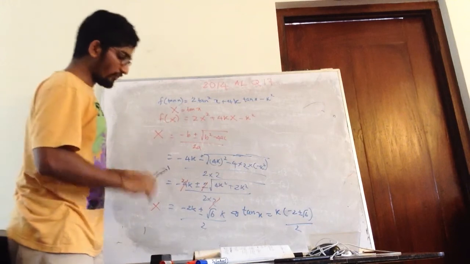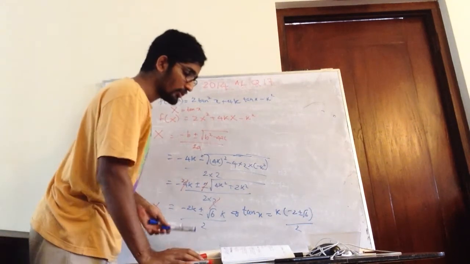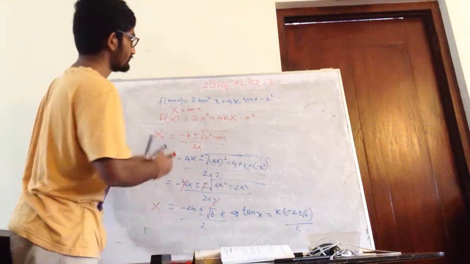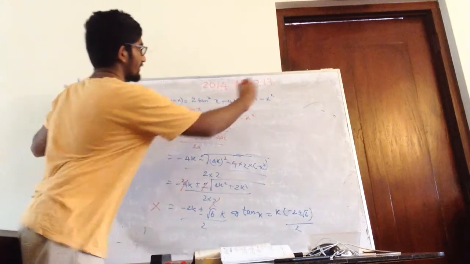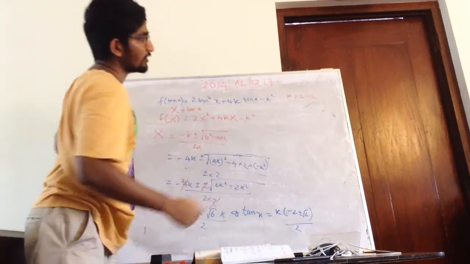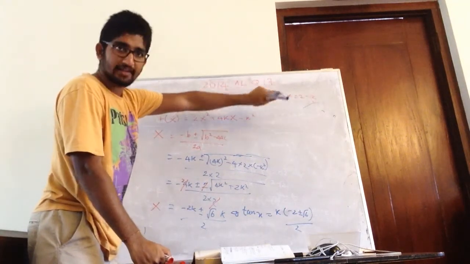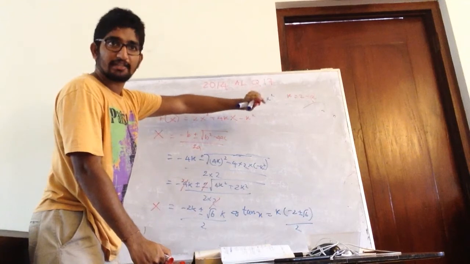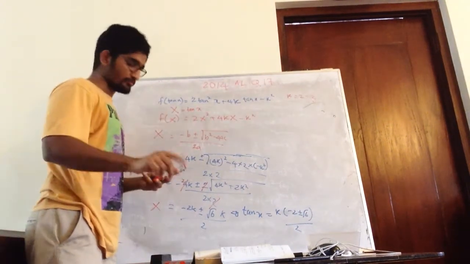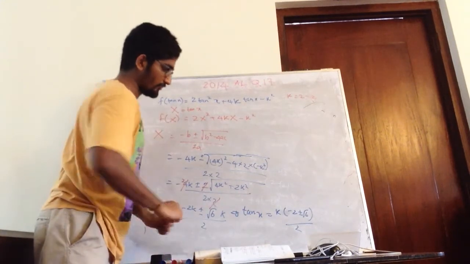So what is k? k is 2 minus square root 2. So 2 minus square root 2 is greater than 0, no? It is a positive value. That is a very, very important point. So we get this part.